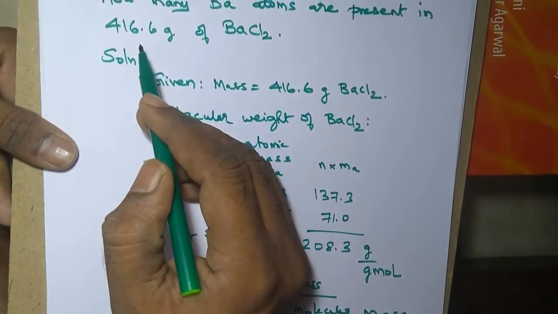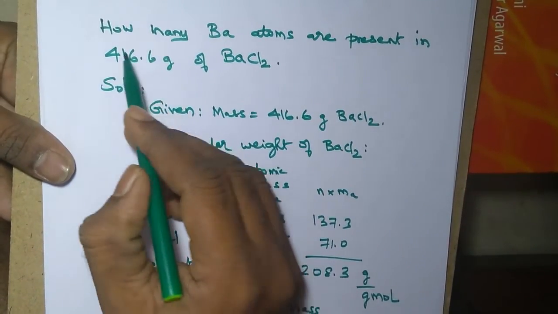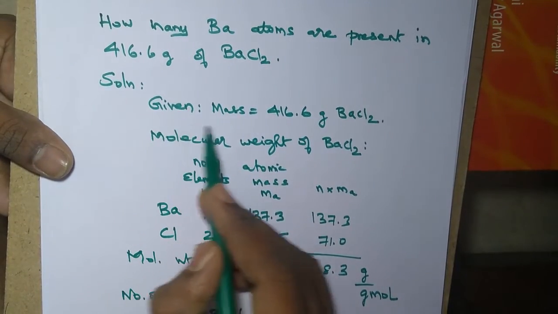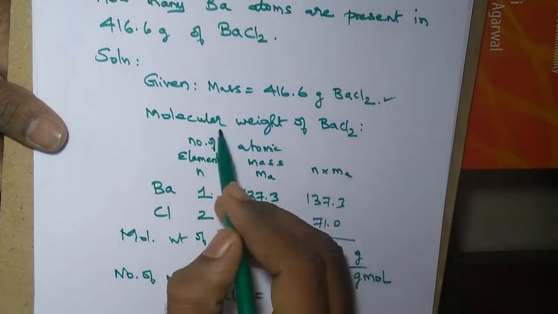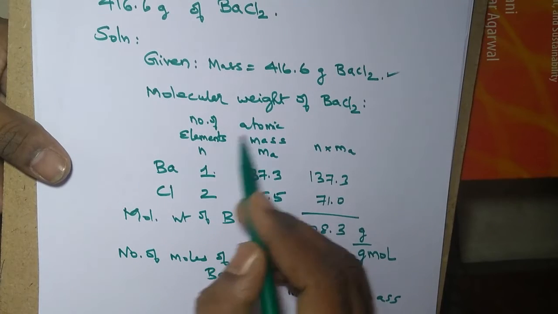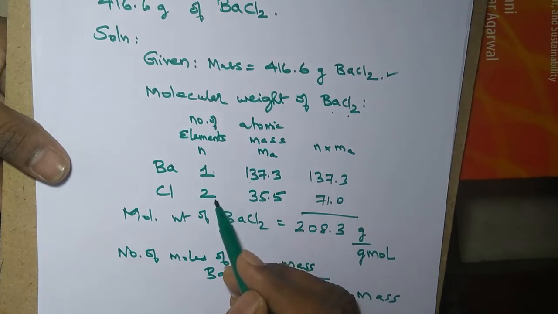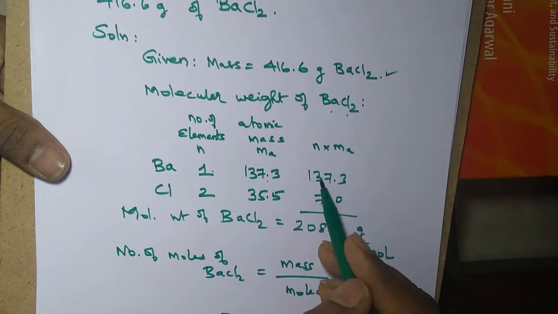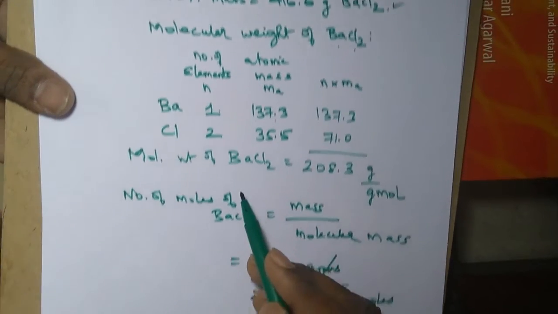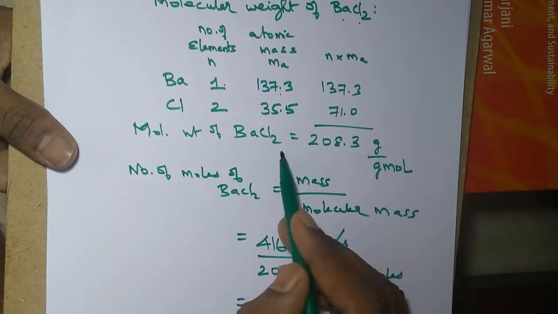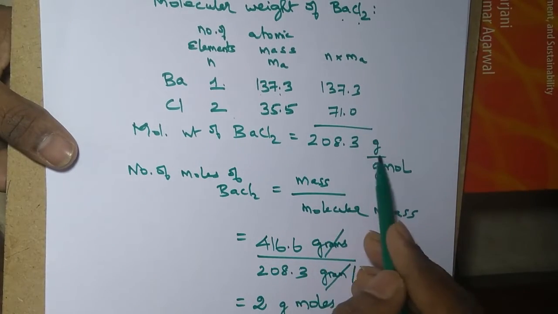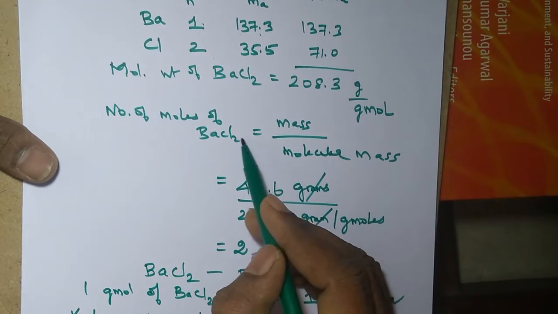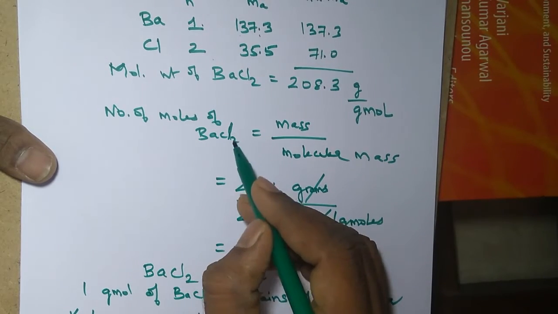So what was the question here? How many barium atoms are present in 416.6 grams of barium chloride? Mass was given, so we wrote the mass. We determined the molecular weight of BaCl2. There is 1 Ba, 2 Cl. The molecular weight came out to be 208.3. Once we got the molecular weight, we divide mass by molecular mass to get the number of moles of BaCl2.